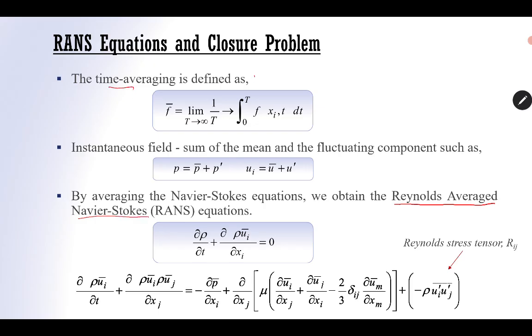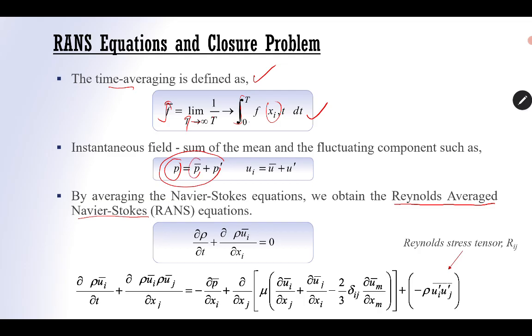The time averaging is defined as this: the limit as T approaches infinity of 1 over T, integration from 0 to T, of the property, whether x or velocity or whatever. And basically this one is the pressure that we want to calculate.